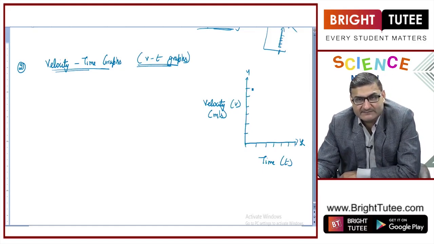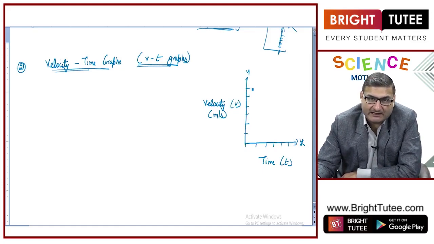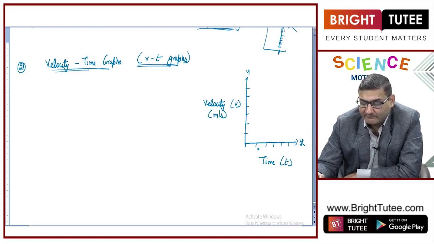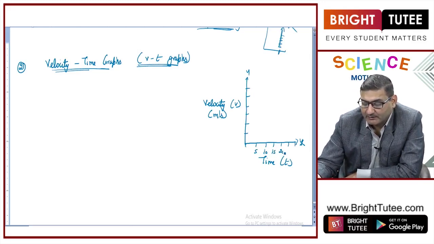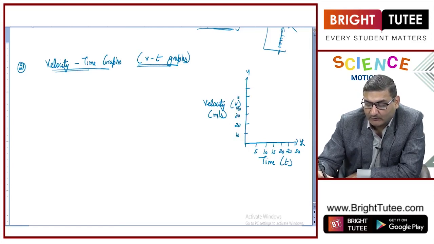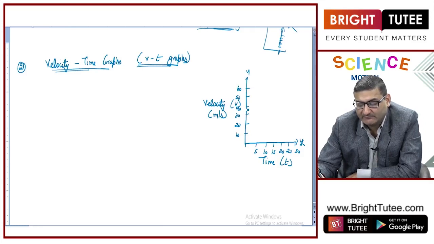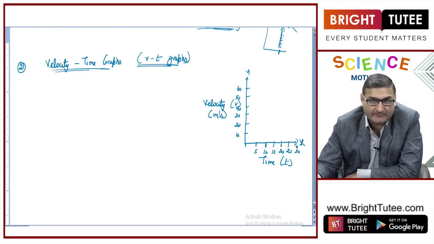Now, as we have seen in the distance time graph, here also we take an example with hypothetical values of time and velocity. A body is moving with a velocity of 10 meter per second, 20, 30, 40, 50, 60, after 5 seconds, 10 seconds, 15, 20, 25, 30.